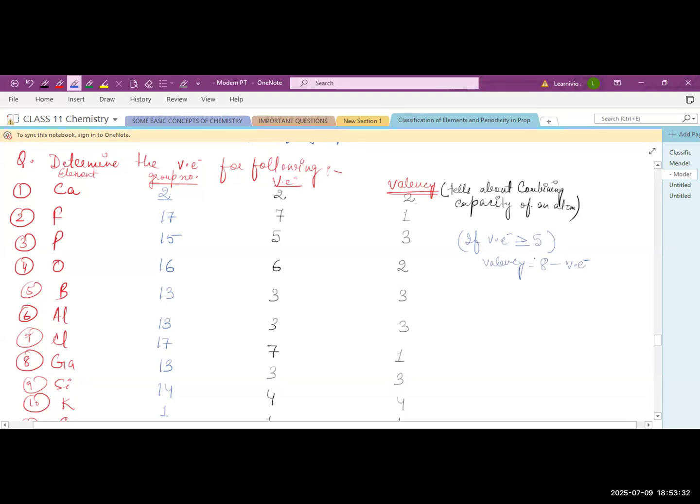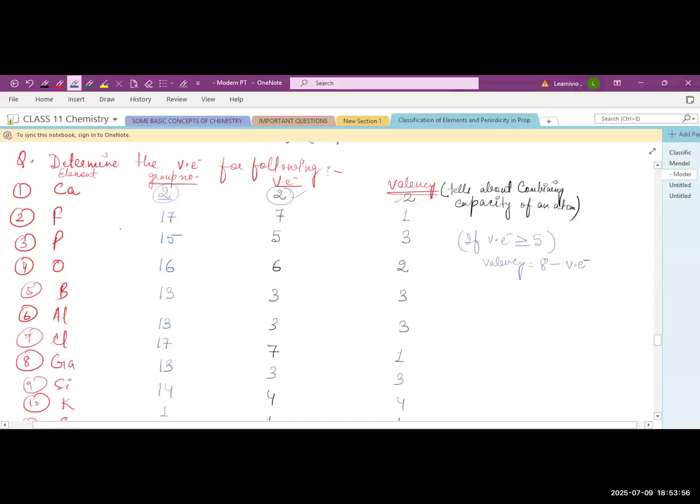So for calcium, which belongs to group number 2, its valence electron is 2 and its valency is again 2, because valence electron 2 is less than 5, right? So you don't need to subtract from 8. So valency will be equal to 2.